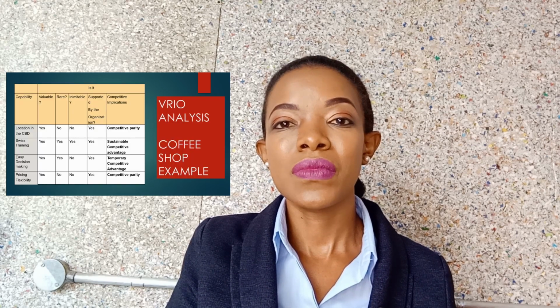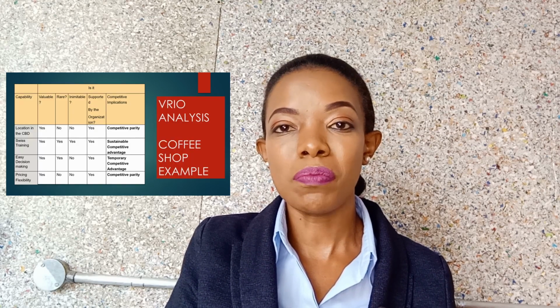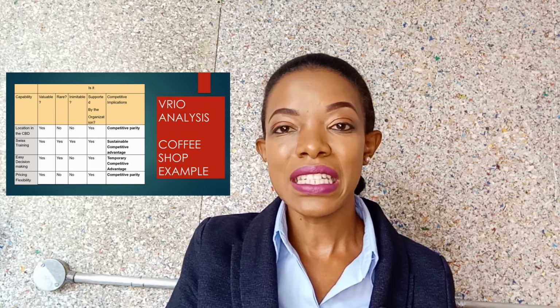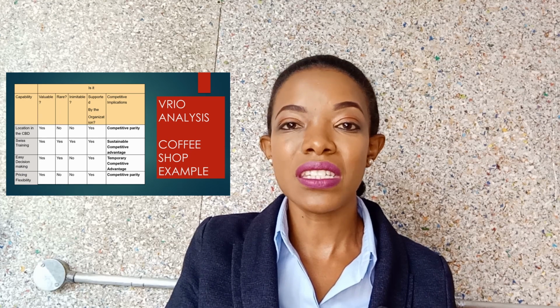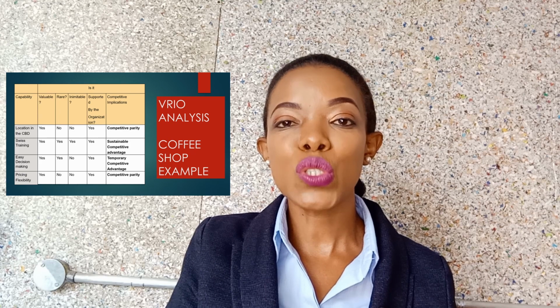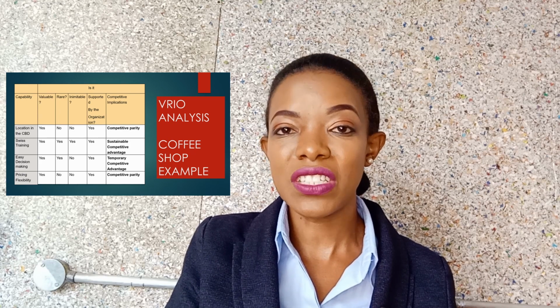The next table you can see is of a fictitious coffee shop. Based on what we can see, its location in the CBD is a source of competitive parity. Its Swiss-trained staff is a source of sustainable competitive advantage.